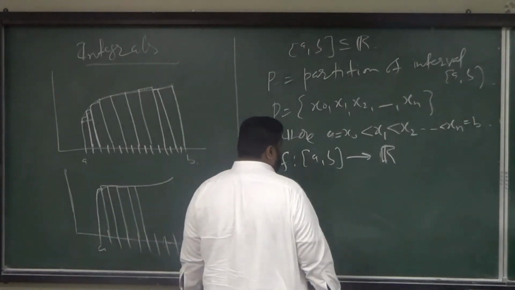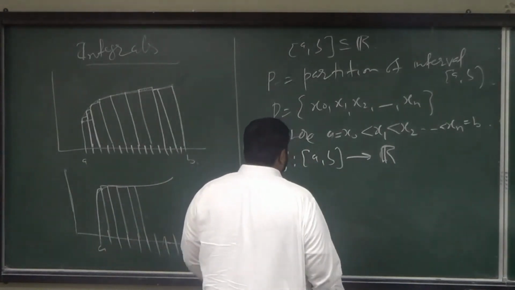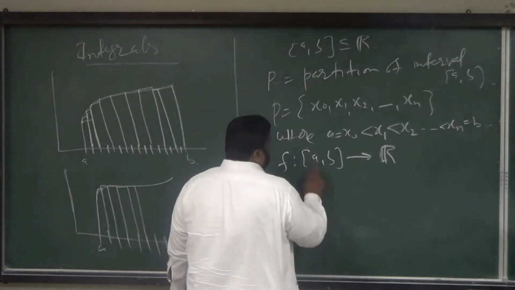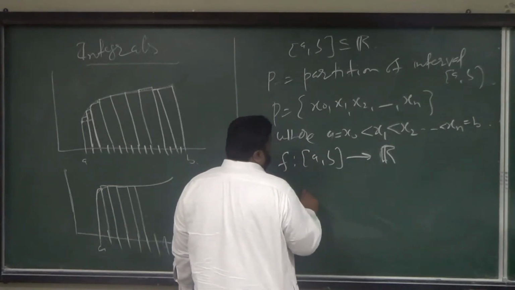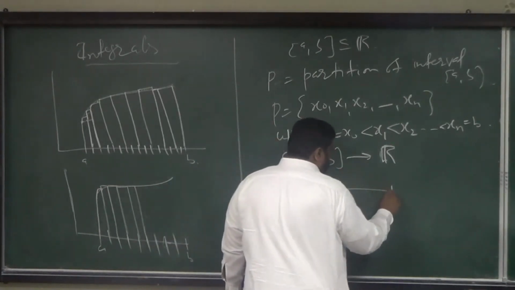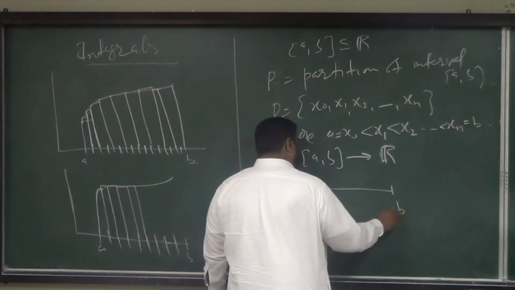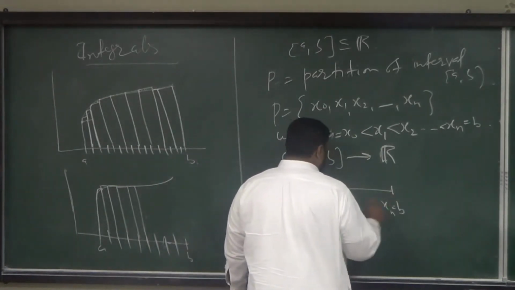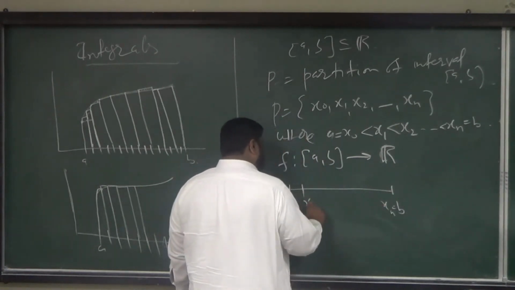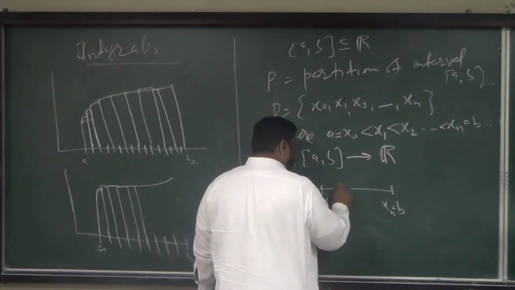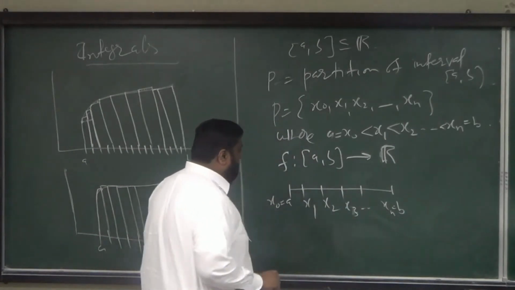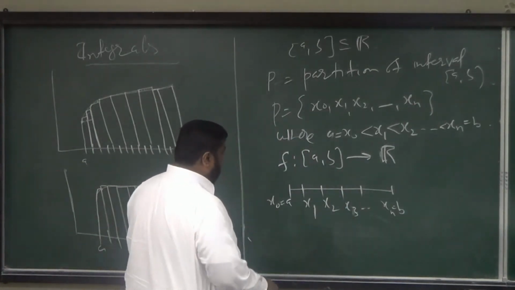Then I'm defining one of the basic things. I have this closed interval a to b, and x naught is a and xn is b, and these are the points sitting between a and b.